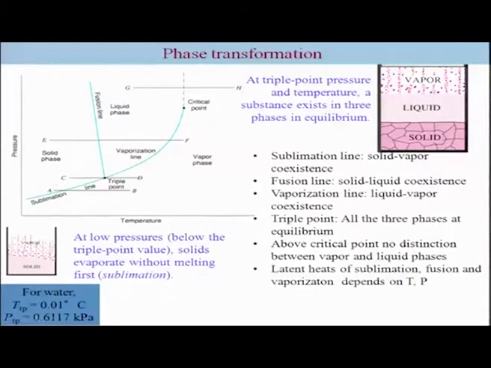So let me just take an example of a fusion line. You can have a phase transition if you are coming from, let us say, E, which is a solid phase, and you increase the temperature at a constant pressure. First you are going to get a phase transition from solid to liquid. Subsequently, you will get a phase transition from liquid to vapor. Okay.